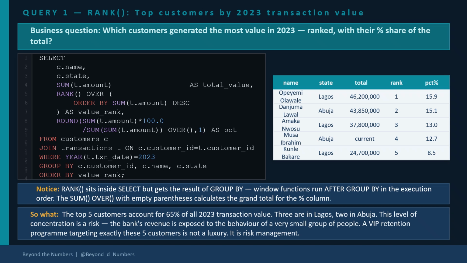A VIP retention program for these 5 is not a nice to have, it's risk management. So those are the things you start to tell your stakeholders as a data analyst based on the analysis you have done: that these 5 customers are so important. For us to manage the risk, we have to retain these 5 customers while we are looking for other ones as well.